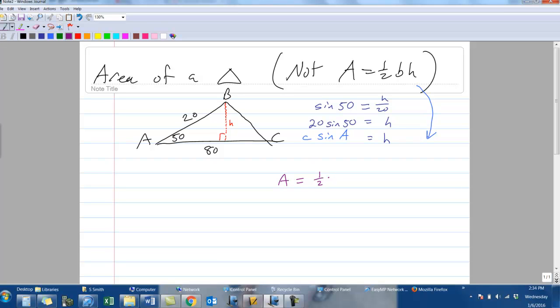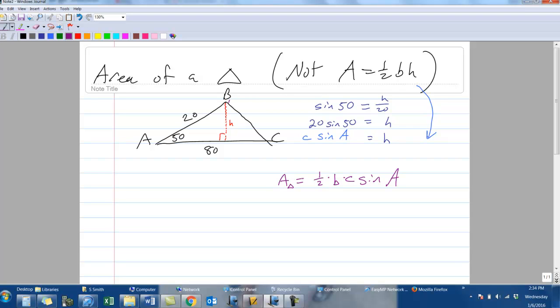Now, in this case, what would be the base? Well, the base is 80, or in this case, side B. So side B times the height. And the height we just solved for is C times the sine of A. So the area of a triangle is 1/2 times side B times side C times the sine of angle A.